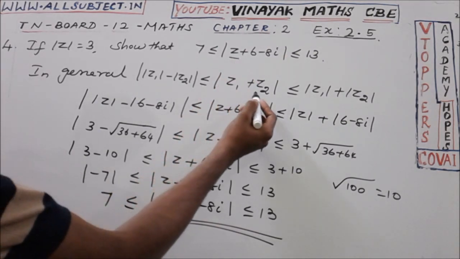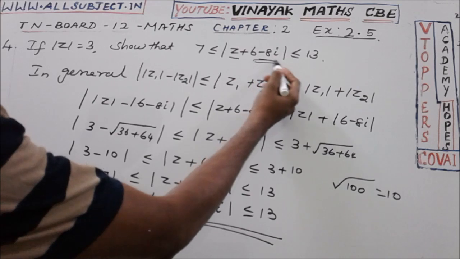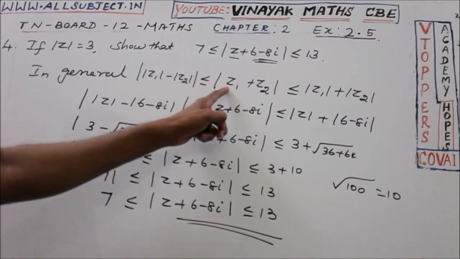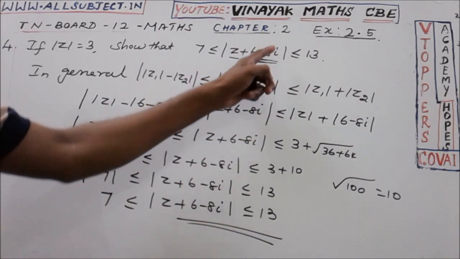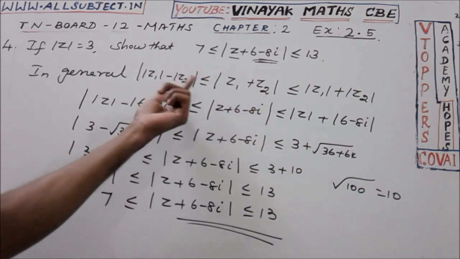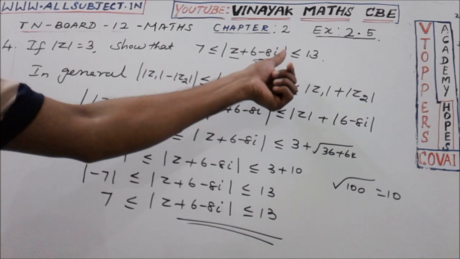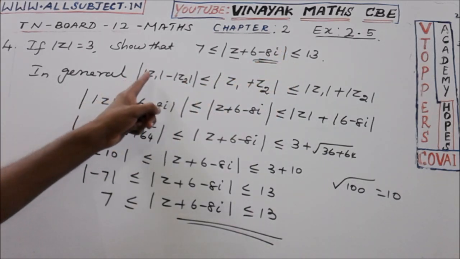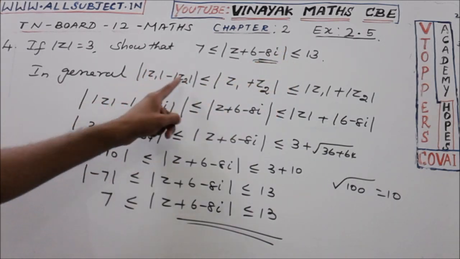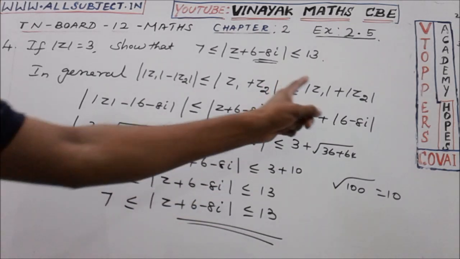Here z1 is z and z2 is 6 minus 8i. Substituting in this formula, for z1 we have z and for z2 we have 6 minus 8i, on the left side also.